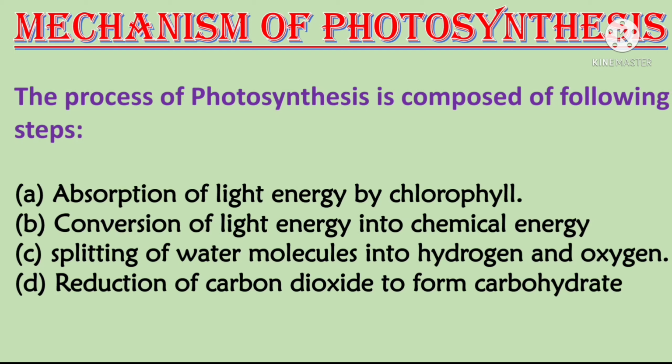So these are the basic steps that occur during the process of photosynthesis: the absorption of light energy with the help of chlorophyll, and further this light energy is transformed into chemical energy, and then there is a splitting of the water molecule, that is hydrolysis, or we can say photolysis, because this breakdown of water molecules happens because of the light energy.